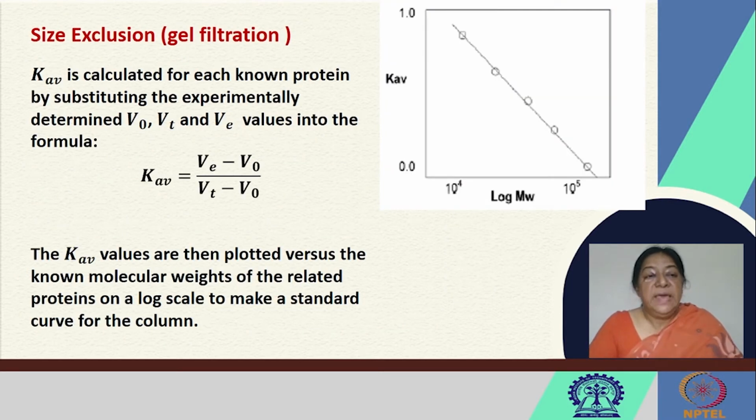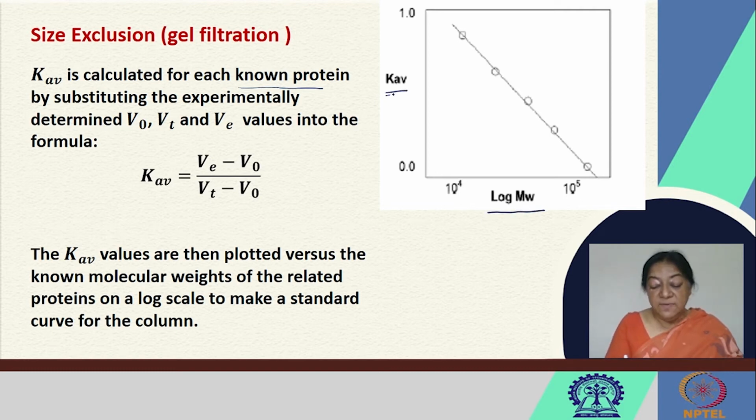So KAV is calculated for each known protein. We have a set of known proteins for which the molecular weights are known. So here we have the log molecular weight and the KAV value, depending upon the column used and the conditions for the elution. The experiment is conducted where we have the Vt minus V0 corresponding to the column.